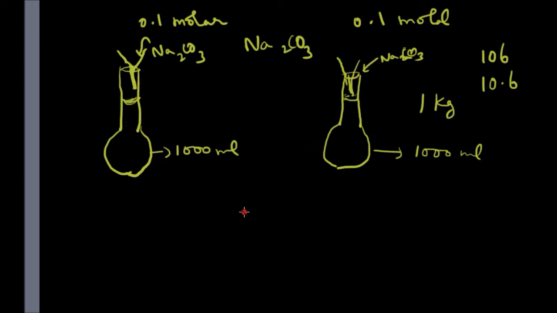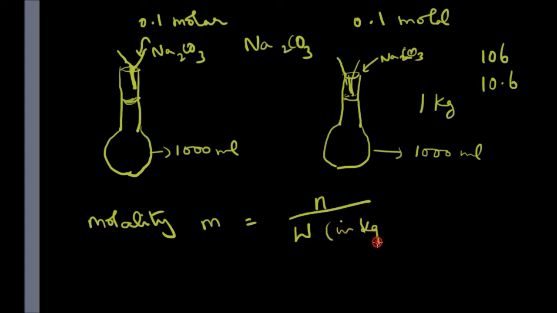Now let us derive a formula for molality, just as we did for molarity. Molality, which is denoted by small m, we can write as number of moles of solute N by mass of the solvent in kilogram, W in kg.